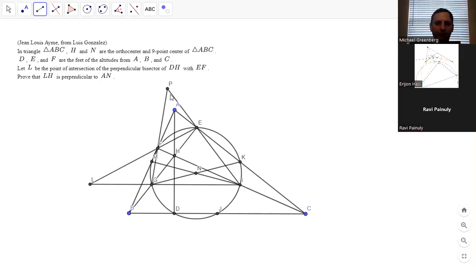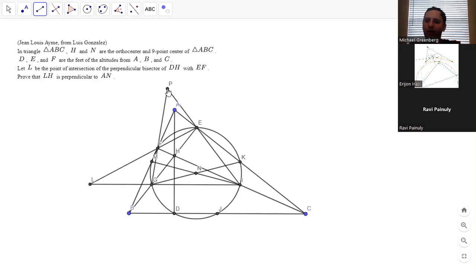Oh, but it's GF. This is GF intersect EI. So yeah. So wait, MF intersect KE, and then MI intersect KG, KGF.